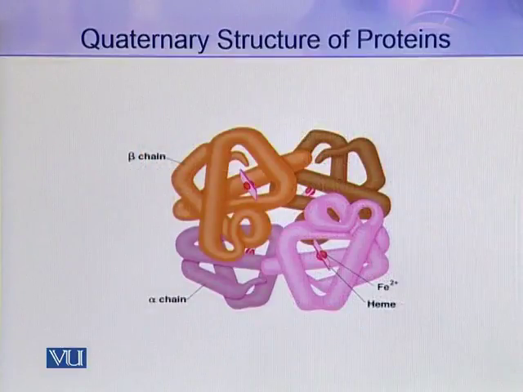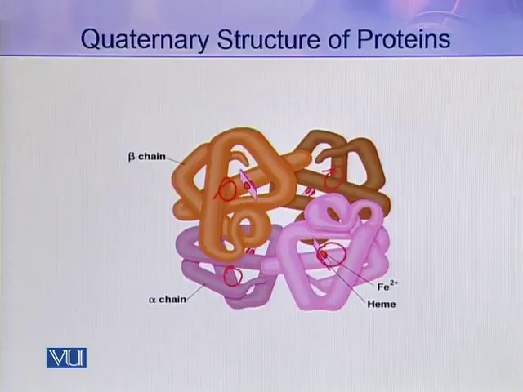As you can see in this diagram of the hemoglobin molecule, which is a protein, it contains 4 subunits: 1, 2, 3, 4. So 4 subunits are present in this molecule.